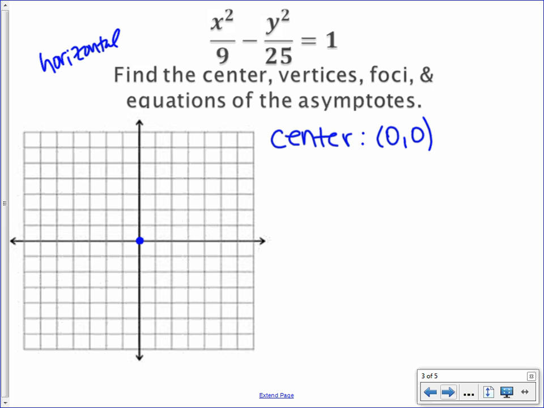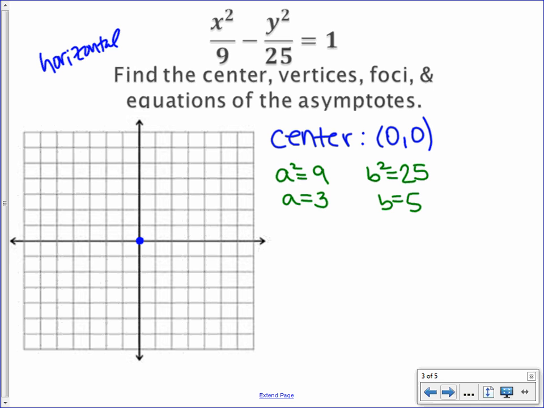Now let's identify A and B. Which one is A squared? A squared is always with a positive term. So A squared is 9, which means A is 3. B squared is 25, which means B is 5.